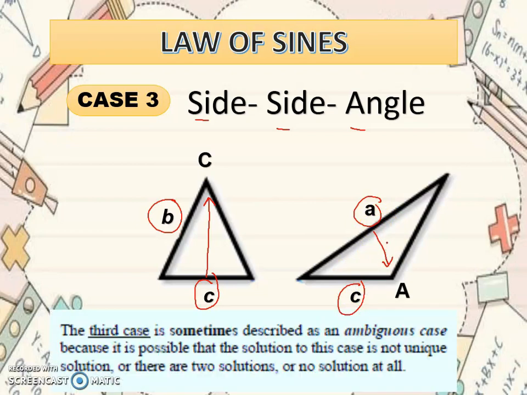This case, class, is sometimes called the ambiguous case. Why? Because it is possible that the solution is not unique, or there are 2 solutions or no solution at all. So you must be careful in solving this kind of problem.